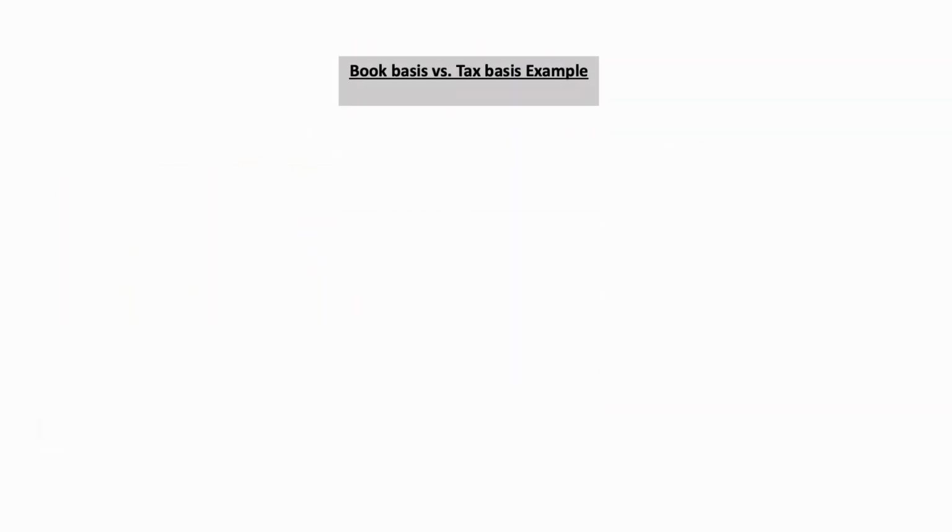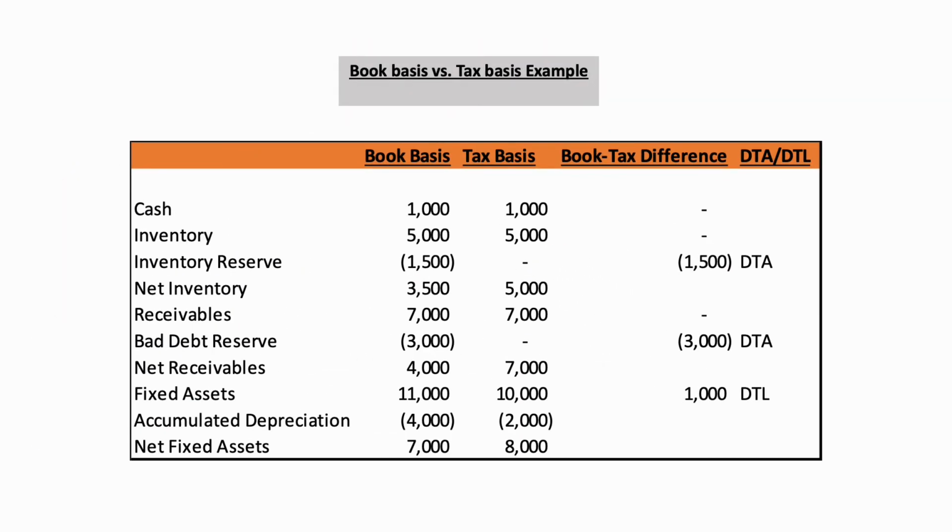So quickly taking a look at an example for book basis versus tax basis. In this example, you can see the book basis for cash is the same, 10 out of 10 times. The cash basis for book and tax will always be equal, because there's no other way to value cash.